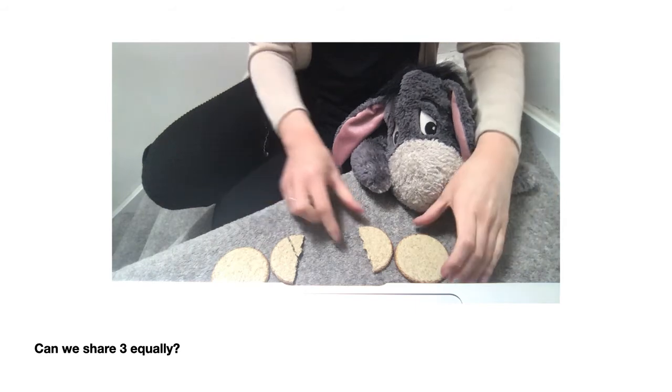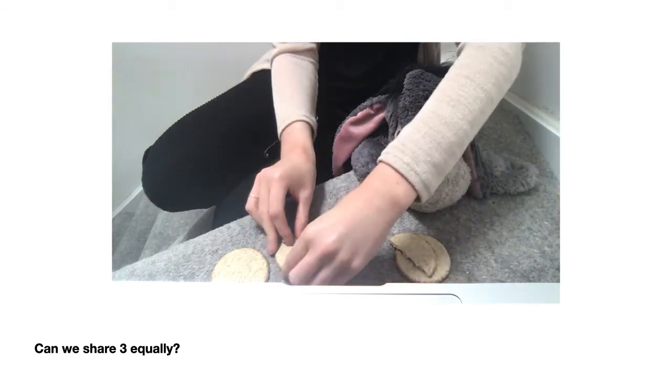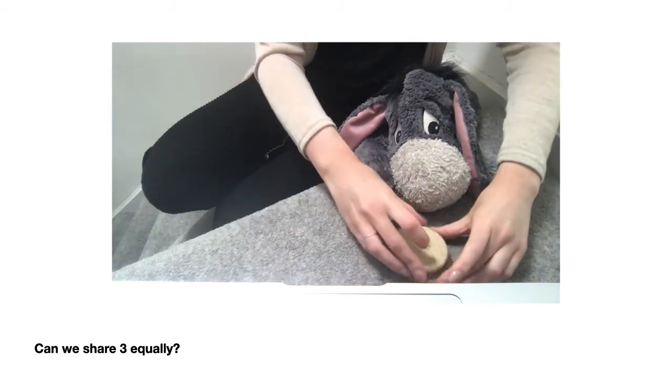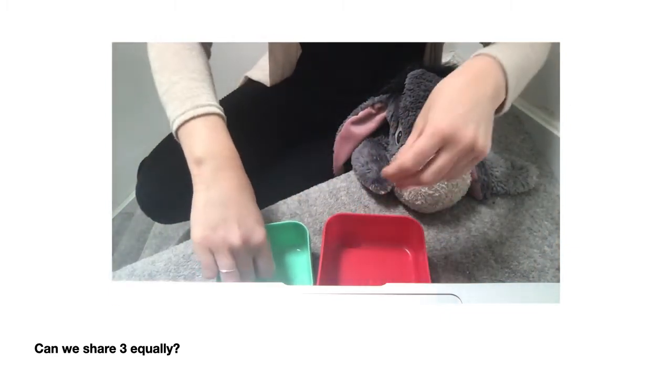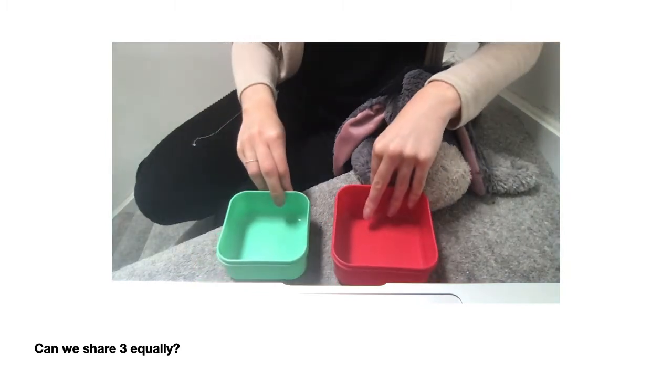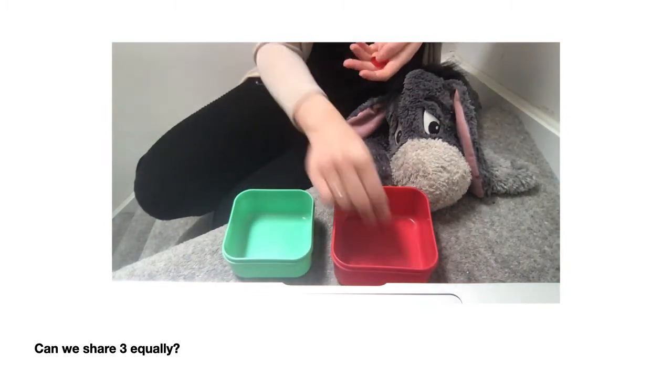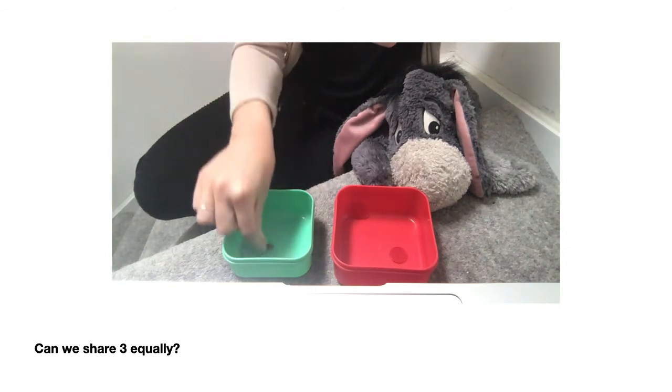So if we had, let's see, let's get our bowls back and 3 counters and we'll see if we can share them equally. 1 for me, 1 for Eeyore.